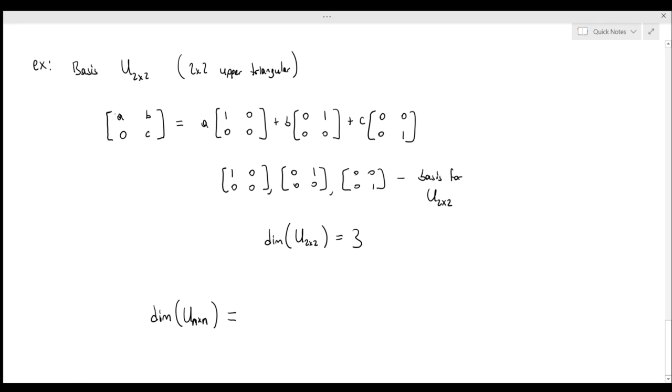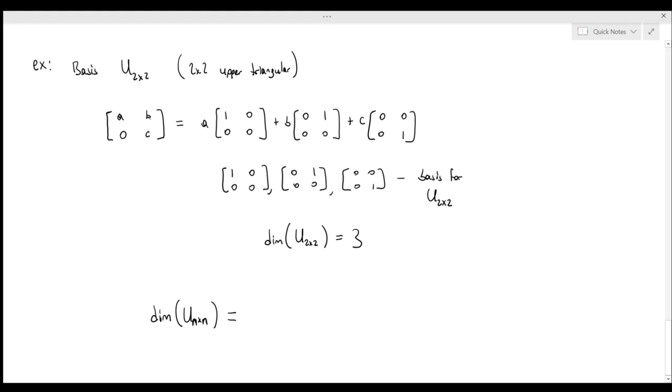Okay, so a generic upper triangular matrix will have entries along the diagonal, and then it'll have entries in the upper half, but not the lower half. Now, notice that we get one basis element for each of the variables that we used to write out a general vector in our space.